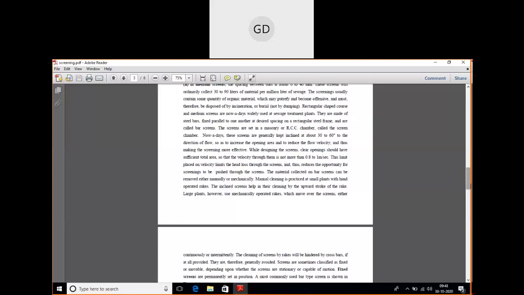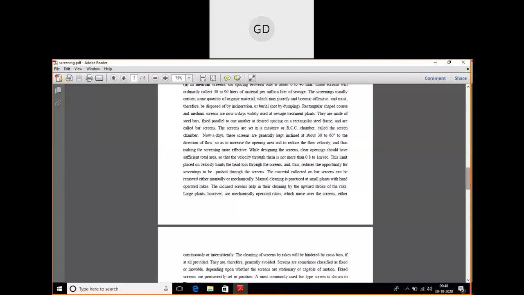So number three is your fine screens. The fine screens have perforations of about 1.5 millimeter to 3 millimeter in size. The installation of these screens proves very effective, and they may also remove 20% of the suspended solids from sewage.